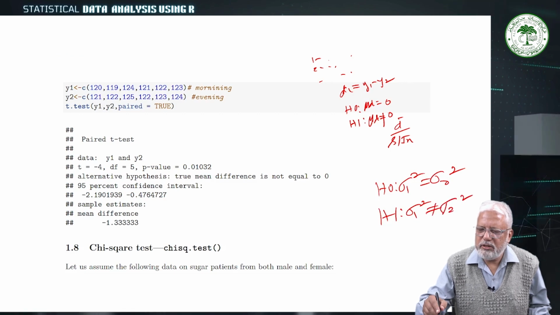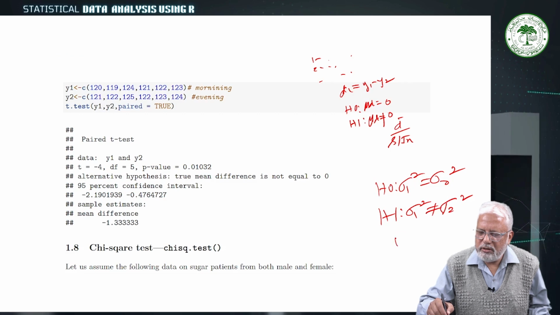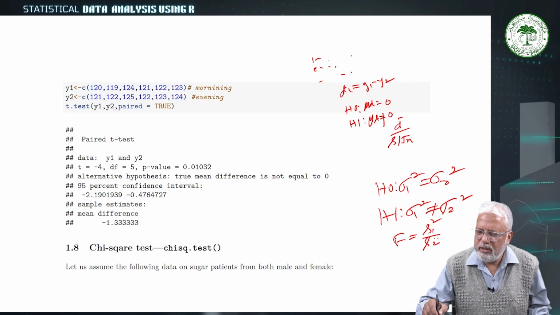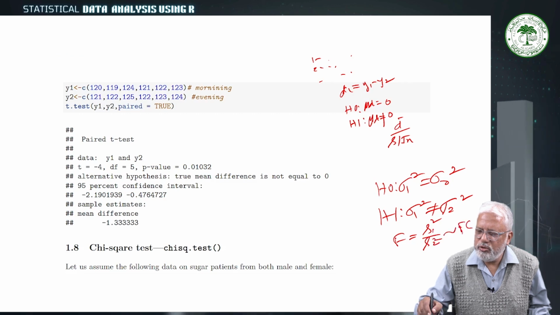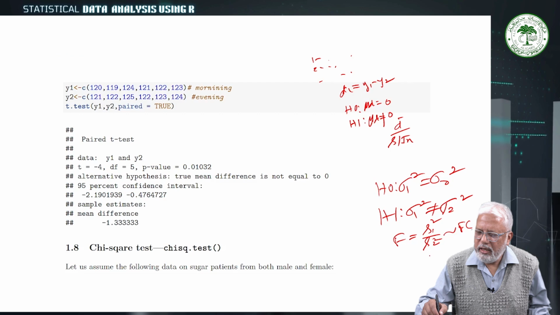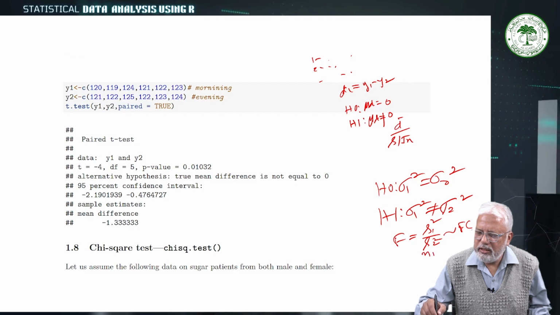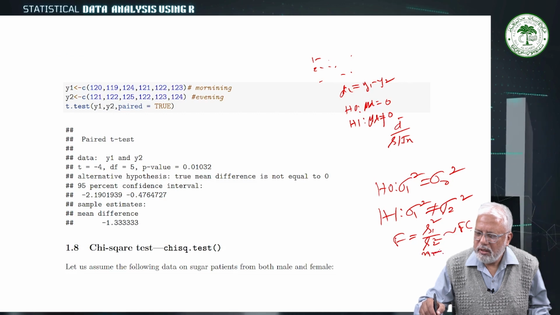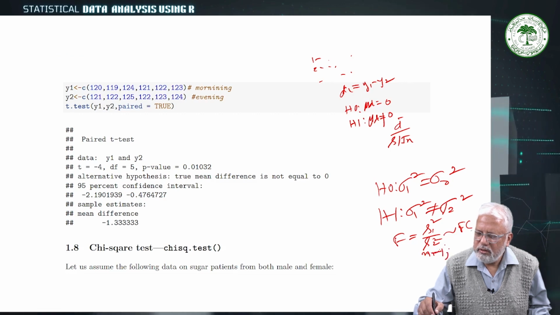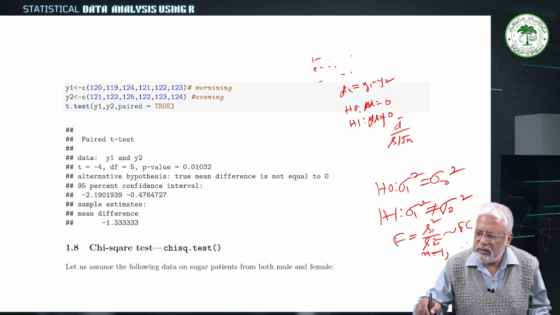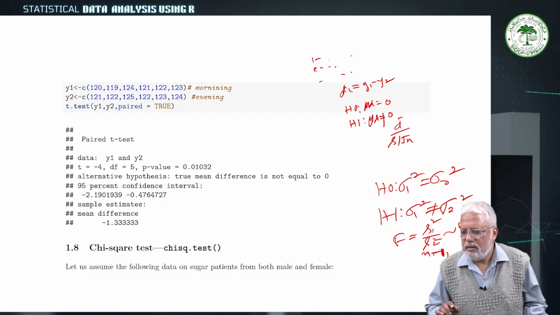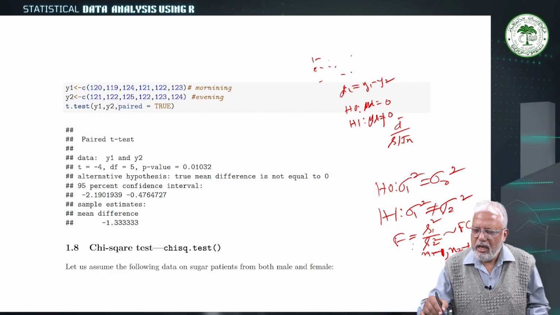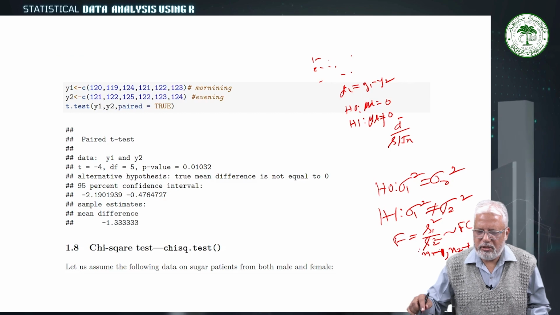So here for testing this, the test statistic is F ratio, s1 square divided by s2 square, and it follows F distribution with n1 minus 1 and n2 minus 1 degrees of freedom. So these are degrees of freedom of F statistic, and this is nothing but var.test.